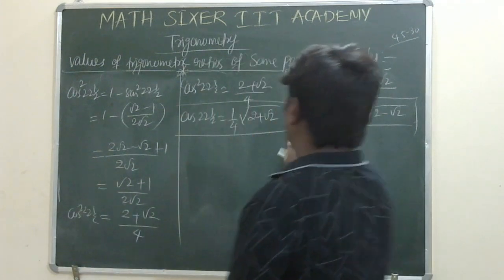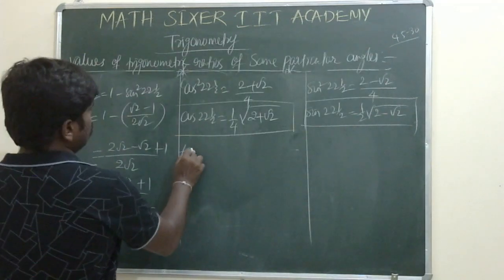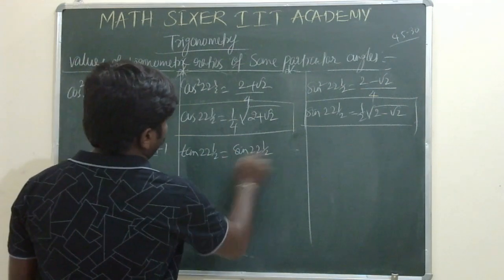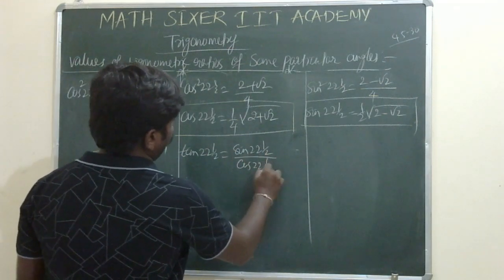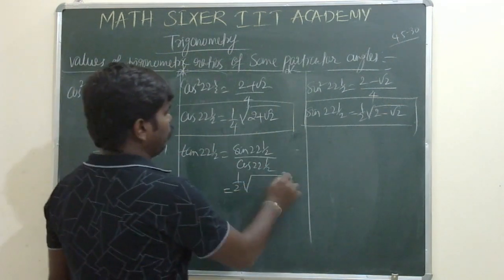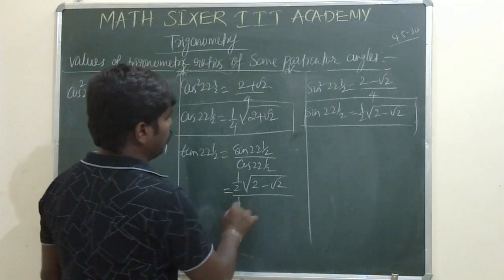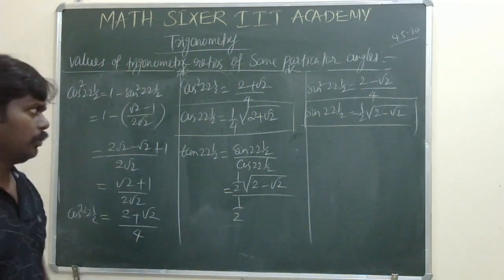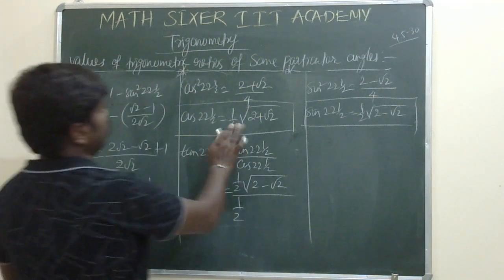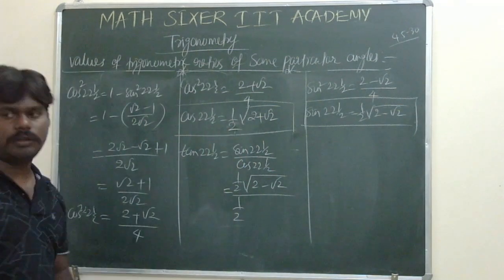So now tan 22 by 2 also we can find simply. So here tan 22 by 2 is equals to sin 22 by 2 divided by cos 22 by 2. So sin 22 by 2 is equals to 1 by 2 into square root of 2 minus root 2, divided by cos 22 by 2 means here 1 by 2 into square root of. Yeah, sorry, here one mistake I did in cos 22 by 2.